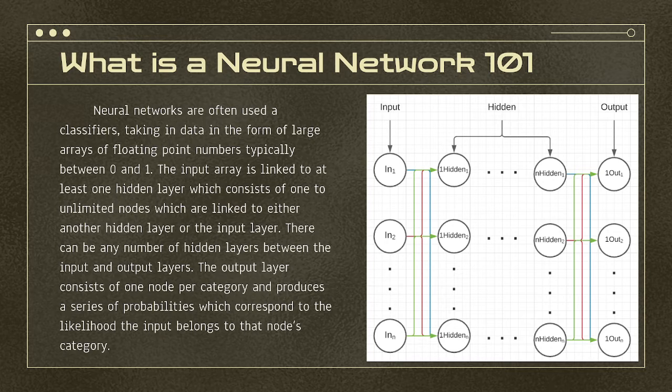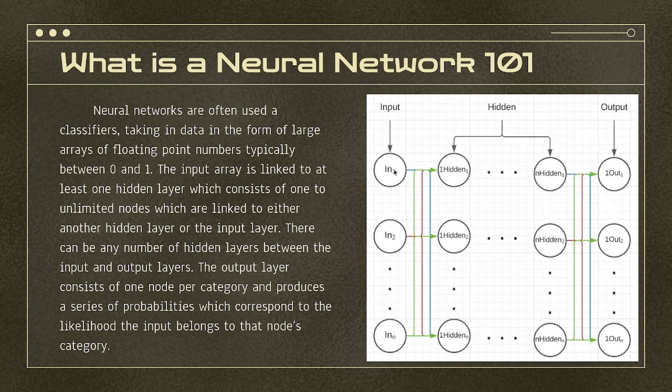Most of the time it's set between 0 and 1, though there are some exceptions where you can have neural networks that have wider ranges, but it's going to be some sort of large array of numbers. So if you had a set of pictures, you're going to have to find some way of transforming those pictures into a large array of floating point numbers.